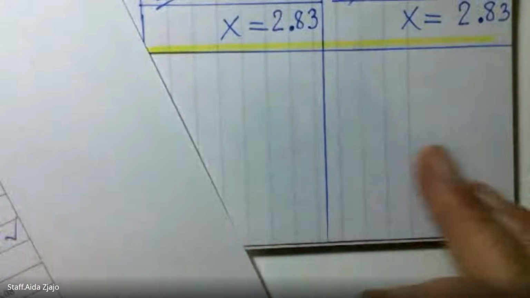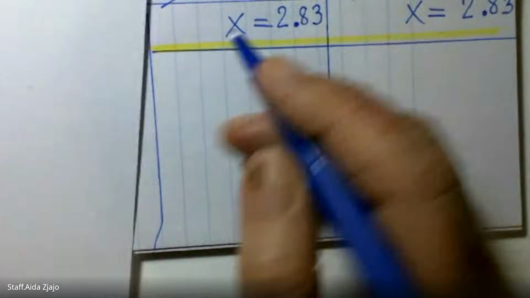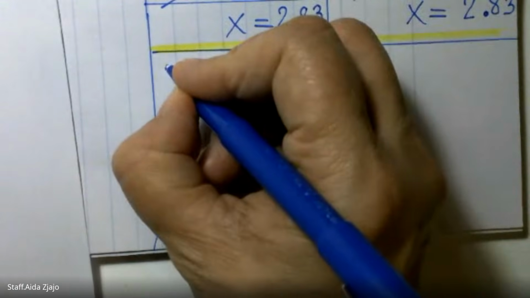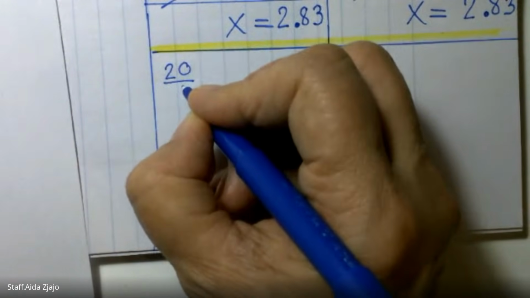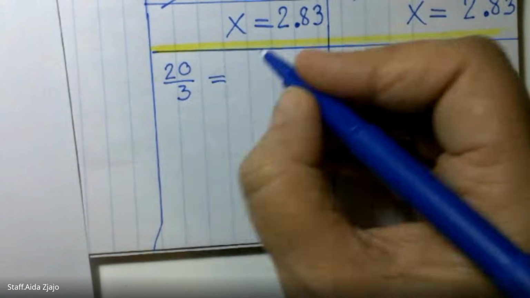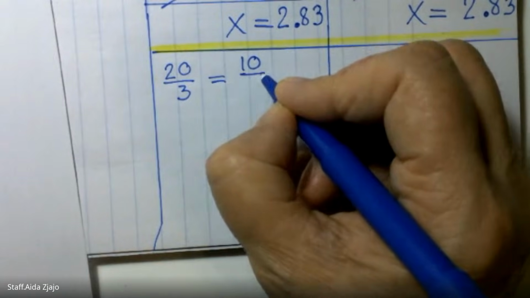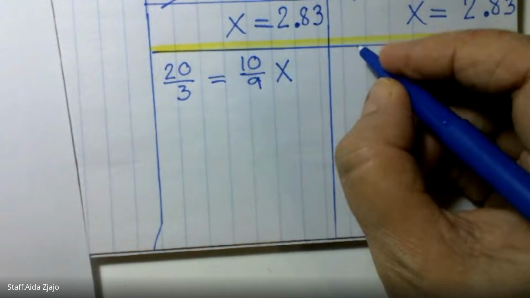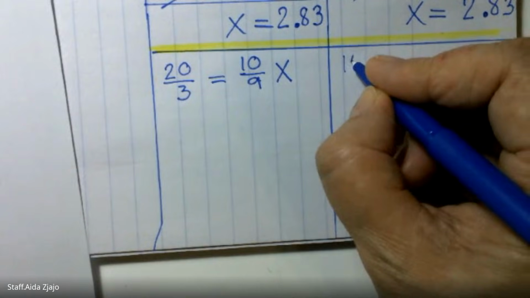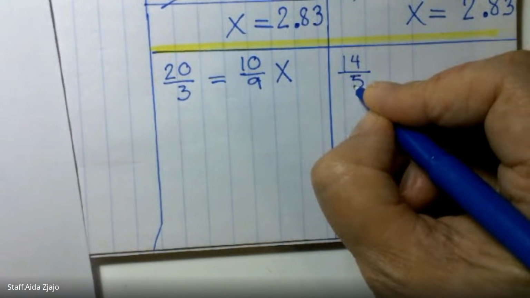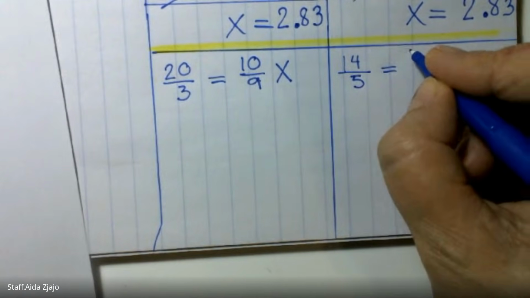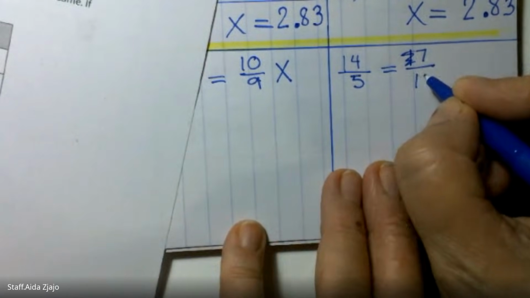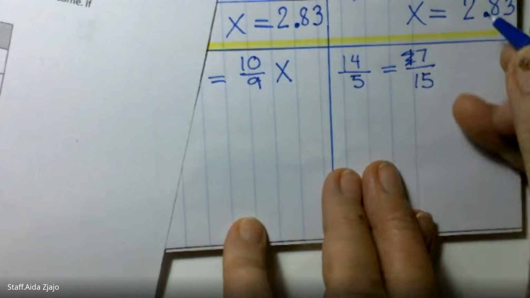The next problem is 20/3 is the same as 10/9 x. Okay, this one is 14/5 is the same as 7/15 x.